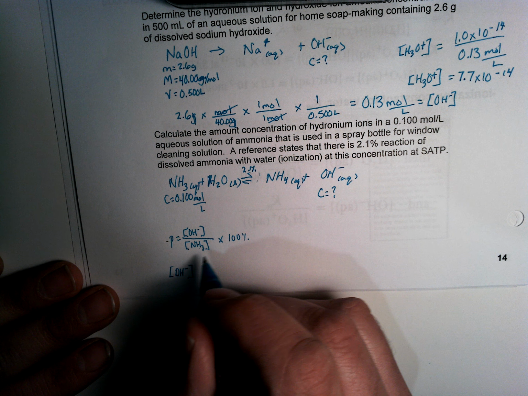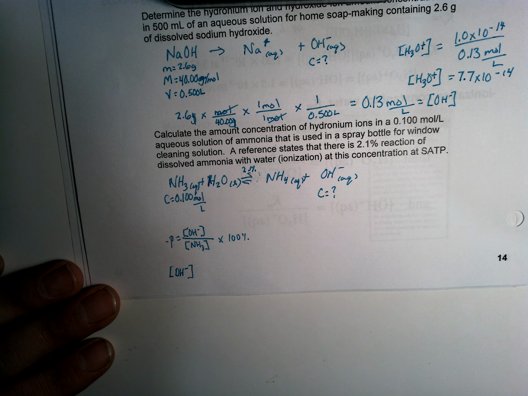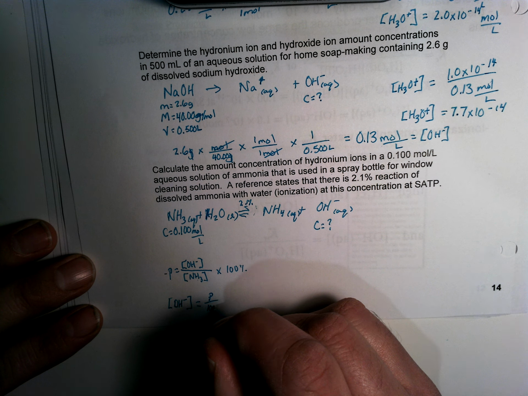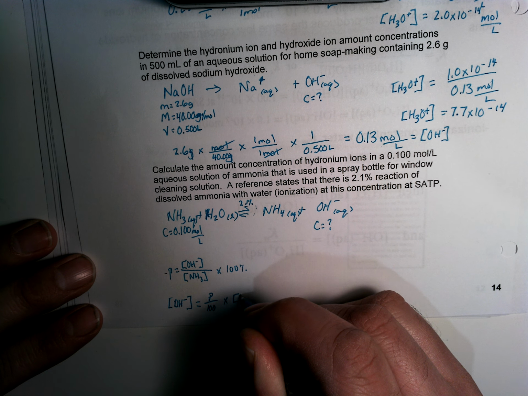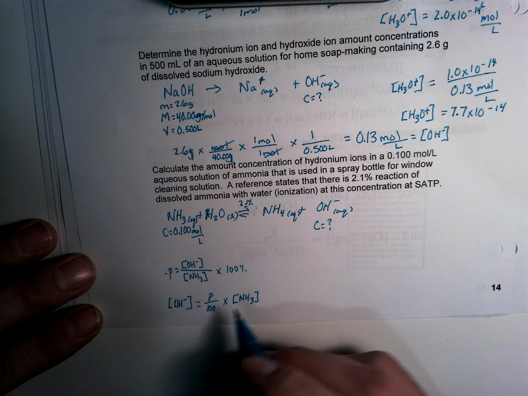So if we want to find our concentration of hydroxide, okay, we just rearrange this formula. Okay, so we have hydroxide concentration is equal to whatever percentage we have over 100 times the concentration of our base that we start with. Okay, so we just put our numbers in.